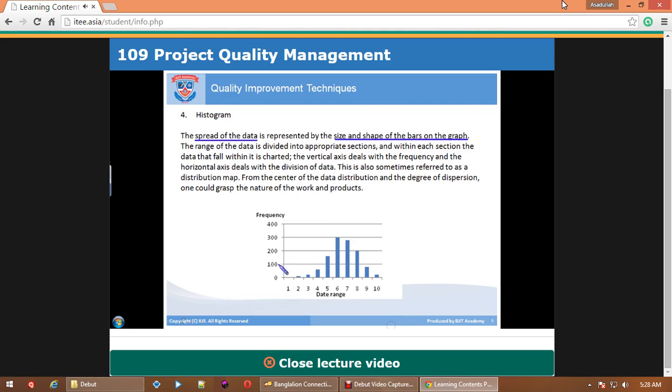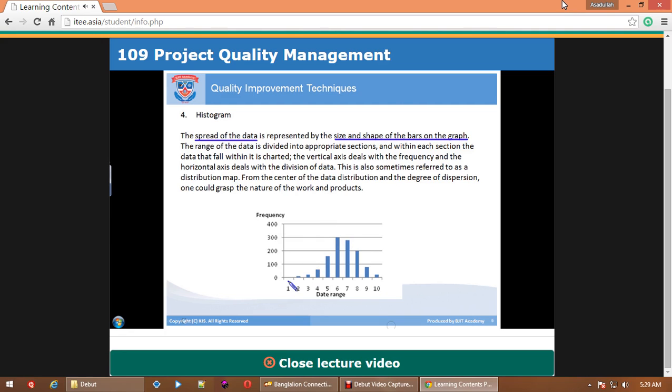And we are charting the frequency for each individual date range using a bar chart. So this kind of diagram is called a histogram.